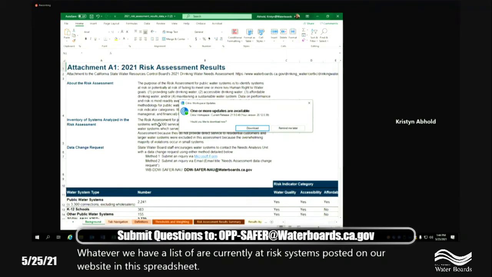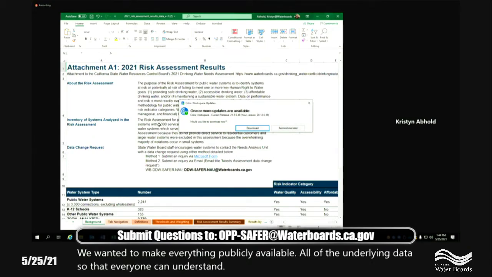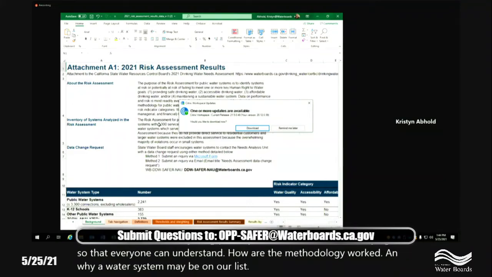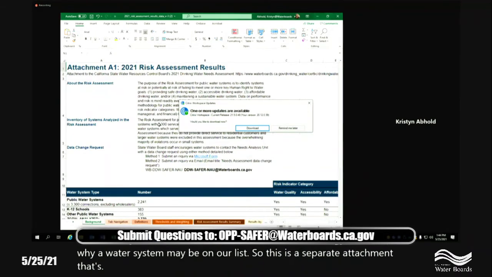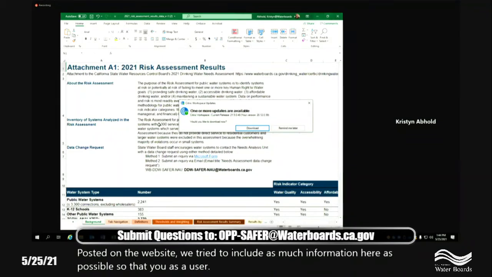We wanted to make everything publicly available, all of the underlying data, so that everyone can understand how the methodology worked and why a water system may be on our list. So this is a separate attachment that's posted on the website. We tried to include as much information here as possible so that you as a user don't need to bounce back and forth between this attachment and the report to understand what's in here.